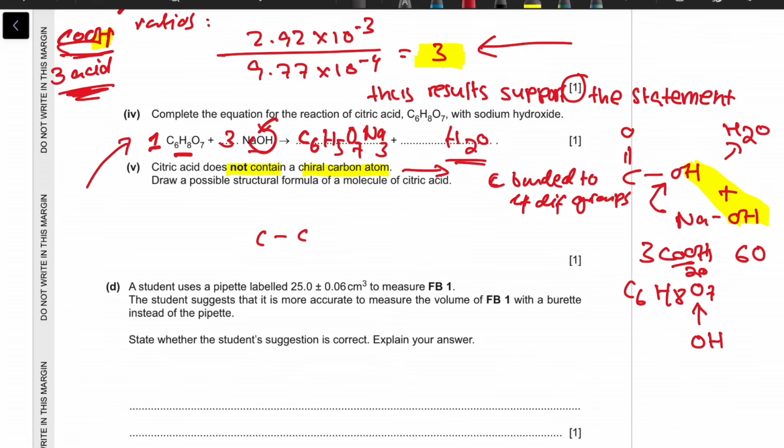2 carbon atoms. I'm going to draw my first functional group. And then I'm going to draw another carbon atom, and then another carbon atom.